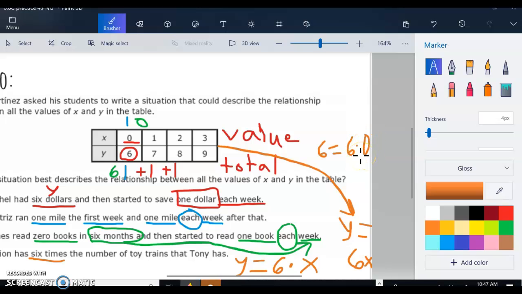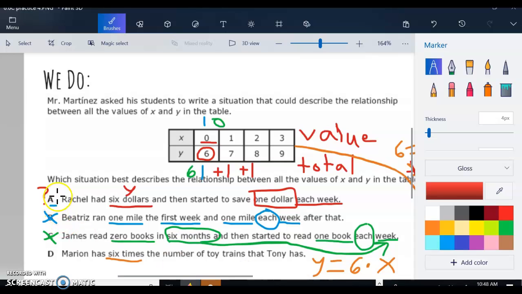What's 6 times 0, guys? It's 0. So, does 6 equal 0? No, it does not. So therefore, our answer choice has to be answer choice A, because the other problems really don't make any sense. So for this particular question, our answer choice is going to be A. There you have it.